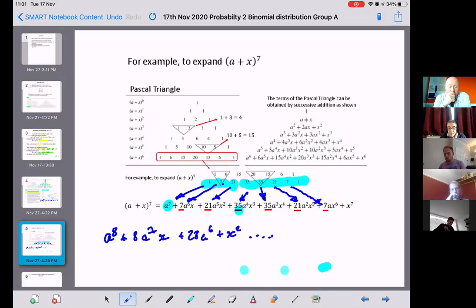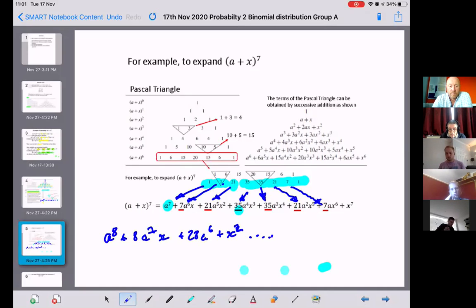Would it be x squared or would it be x cubed? The next term? No, the 28 a to the 6, x squared. Would it be x squared or x cubed?